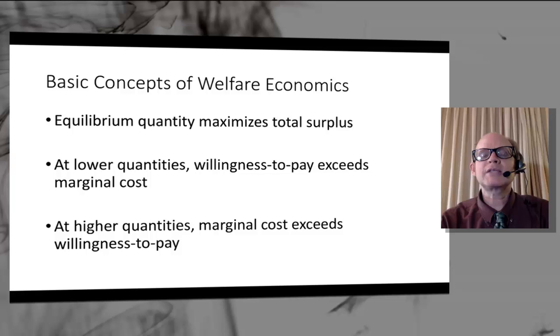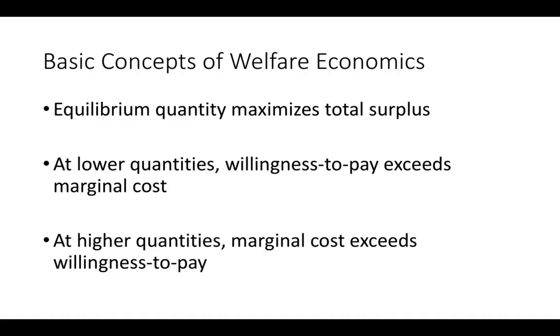So from society's standpoint, you would want to produce more. You'd want to get out to that equilibrium, because our benefits as a buyer, our willingness to pay, would be higher than what we'd be giving up as society. So we're like, heck, let's just increase the quantity.